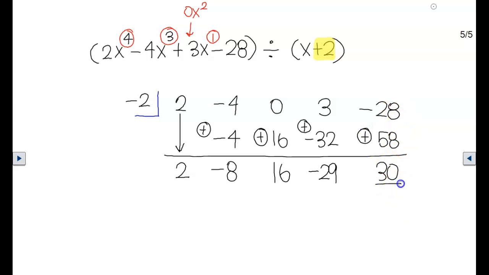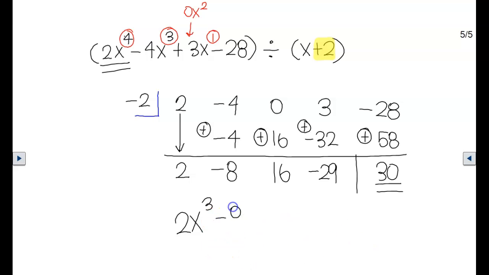Now here's what we know. That number is the remainder. These other 4 are the coefficients for our answer. Now, this 2, what is he going to sit in front of? Well, if we look up here, we see we had 2x to the fourth. We're going to reduce that exponent by 1, so this is going to be 2x to the third. And then it'll go down from there.